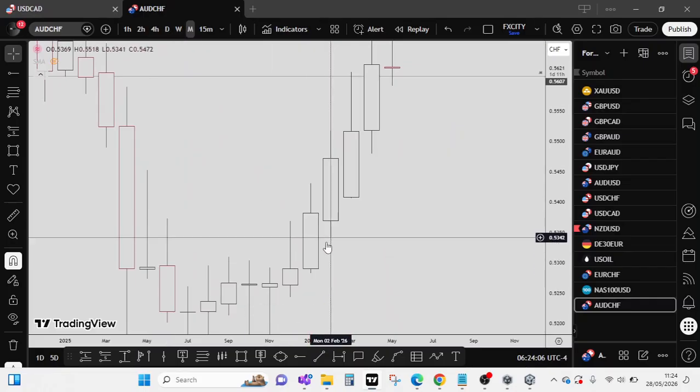So now we know what we are looking for on the monthly, which is bullish continuation. So what do we expect on the weekly? What I'm expecting on the weekly is that if price on the weekly is telling me that it wants to sell, I'm not going to be stubborn and say I want to buy. I'm going to sell.